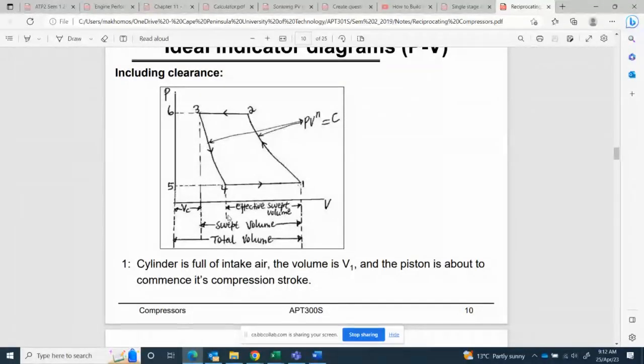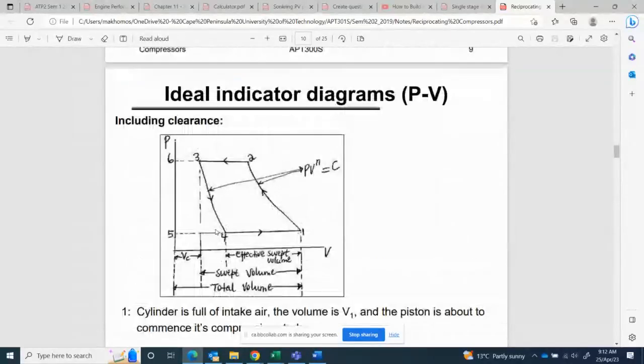So in front of us, we have an indicator diagram or a PV diagram of a reciprocating single stage compressor with a clearance. Right, let's start. At point number 1, the piston is at the bottom of the cylinder. Now, both valves are closed. Now, the piston is compressing air from 1 to 2.